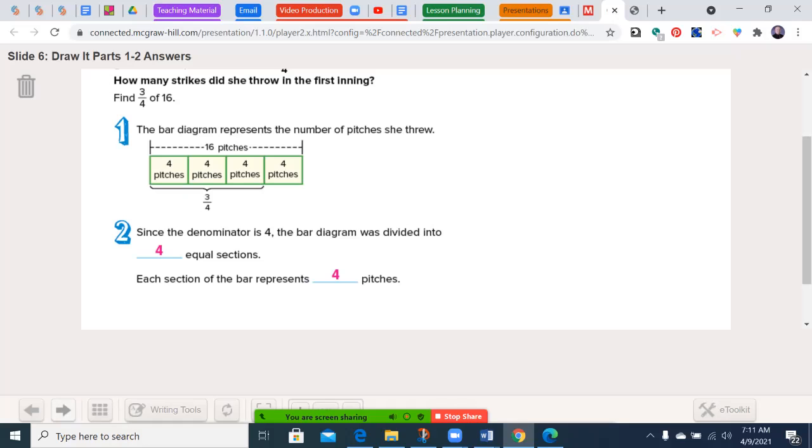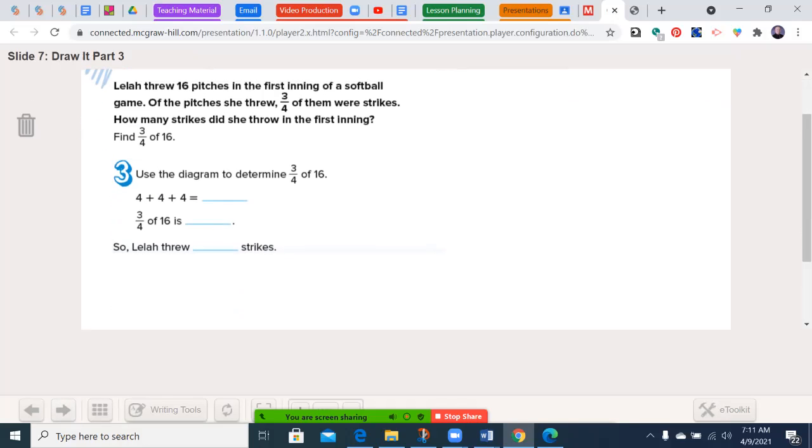All right, let's keep moving through the book here. Now we're to where I was. 4 plus 4 plus 4 is 12. So 3/4 of 16 is 12. So Leah threw 12 pitches or 12 strikes. Go ahead and write those 3 12s in.